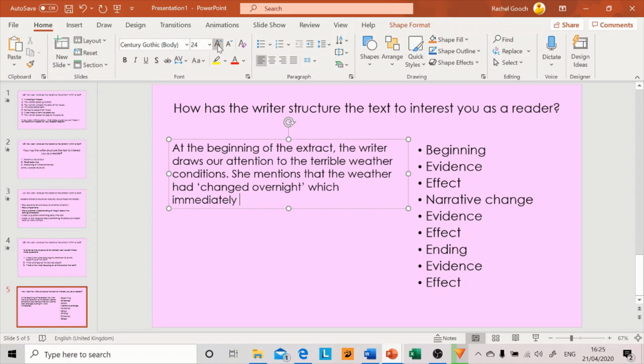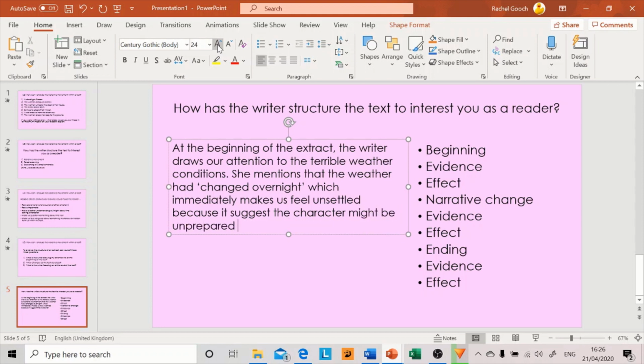So immediately makes us feel unsettled because it suggests the characters might be unprepared for the extreme weather and therefore be vulnerable to it.